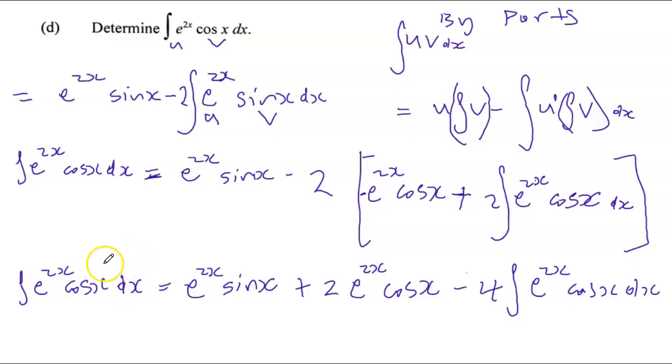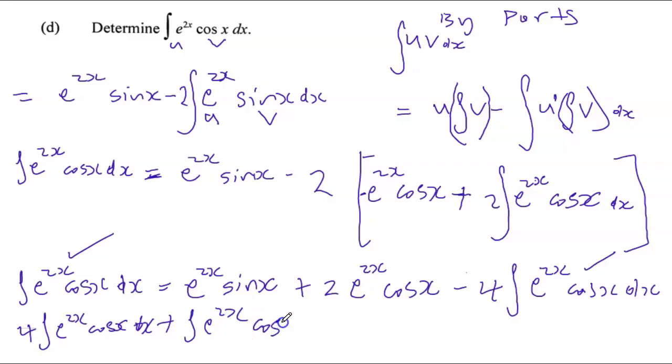Now you can see that these are like terms. We have the integral of e to the 2x cos x dx here, and one of them on the left as well. We're going to group this term on the left hand side. We'll have positive 4 integral e to the 2x cos x dx plus this one, integral e to the 2x cos x dx, and on the right hand side we are left with e to the 2x.